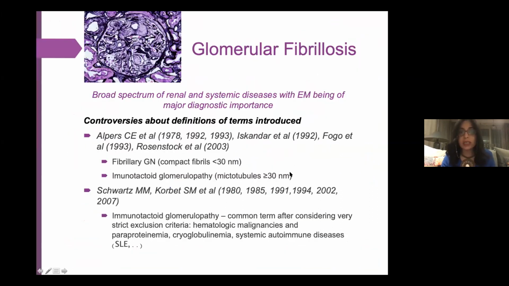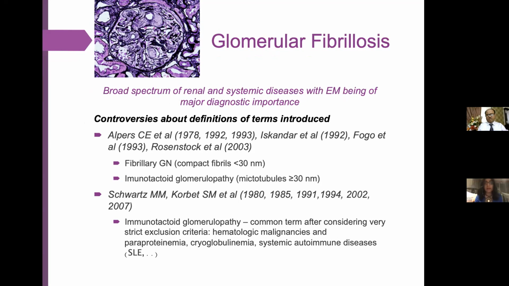But actually, the term glomerular fibrillosis, or when you have fibrillar deposits in the glomeruli, refers to a more broad spectrum of renal and systemic diseases, where you will really need electron microscopy because it has major diagnostic importance in differentiating these types of fibrillosis. Not only do they cover a broad spectrum of renal diseases, we also have some controversy about the definitions of the terms that we use.